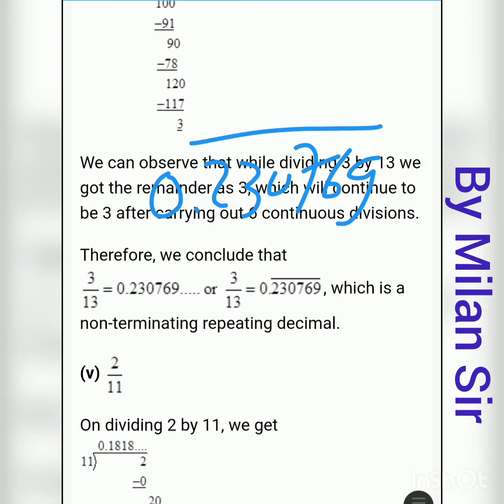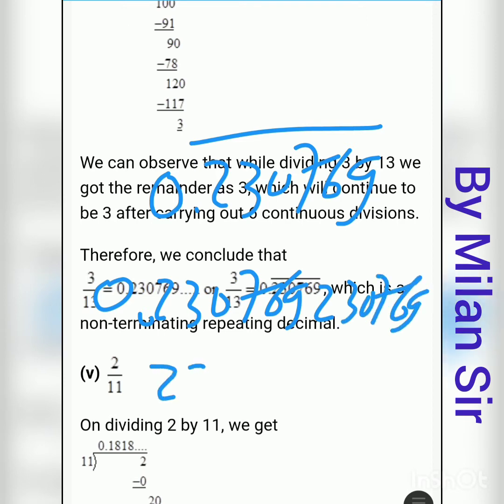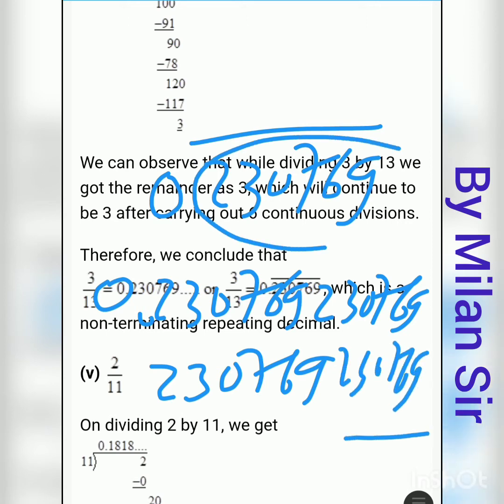It means 0.230769, again 230769, again 230769, and continuing. These digits repeat every time.